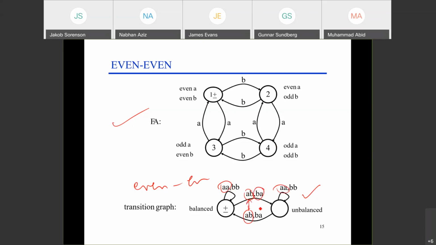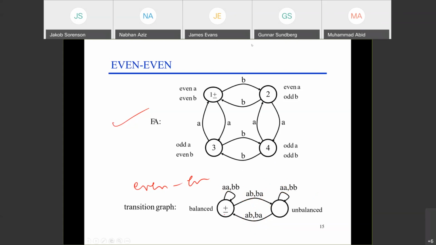Either this combination or this combination or anything crossed, the combination of these will always make it even. So once you reach the final state, you have an even number of A's and an even number of B's. That's the idea behind that. Good.